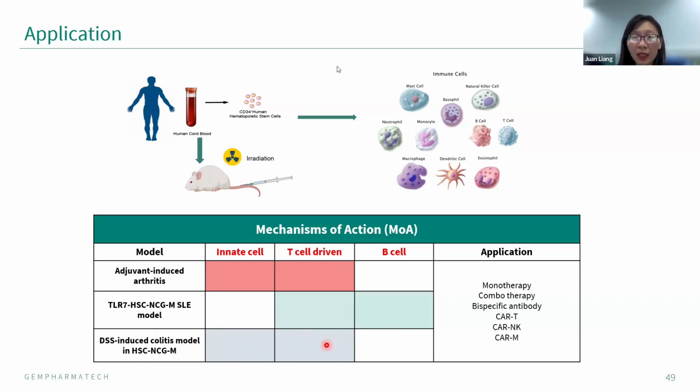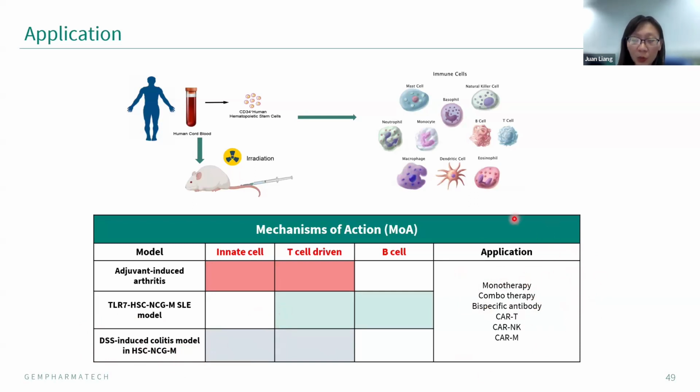So this immunoreconstitution autoimmune disease model could be used for the study of monotherapy, combo therapy, and bispecific antibody. Since this model already has the human immune cells, we can perform drug efficacy studies that specifically recognize human markers.